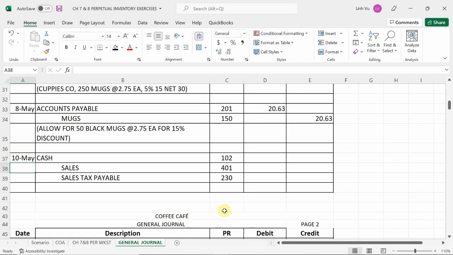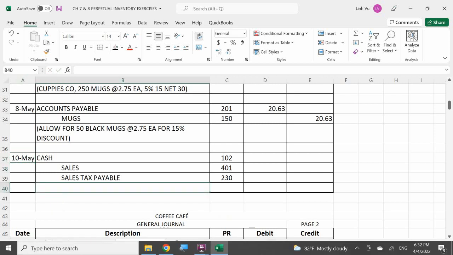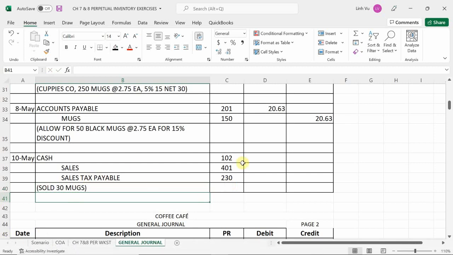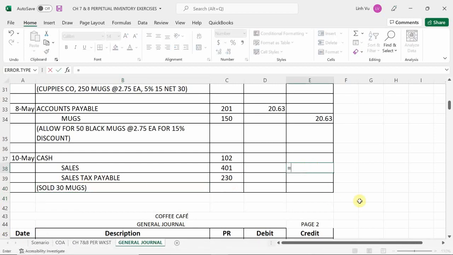For May 10. And because you're breaking up your transaction, you should finish this off with some kind of description. So in this case, I sold 30 mugs. If I sold 30 mugs at $10 each, that should give you $300.